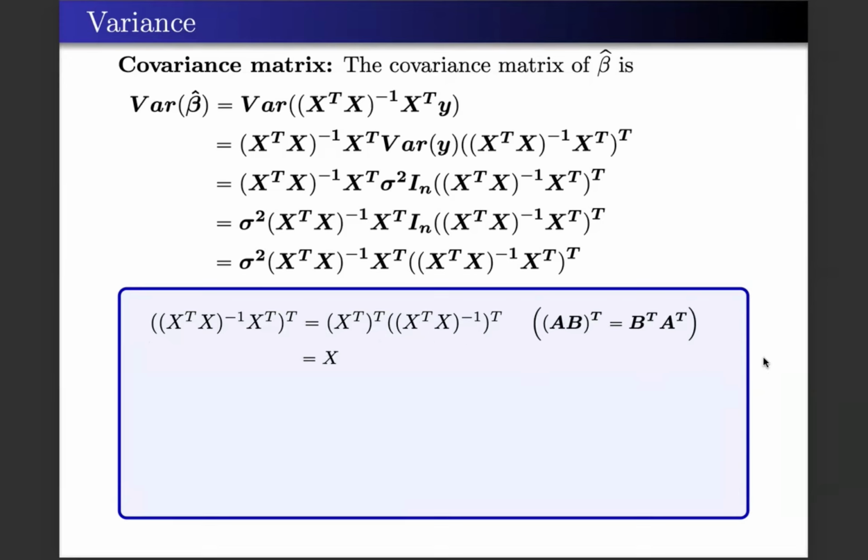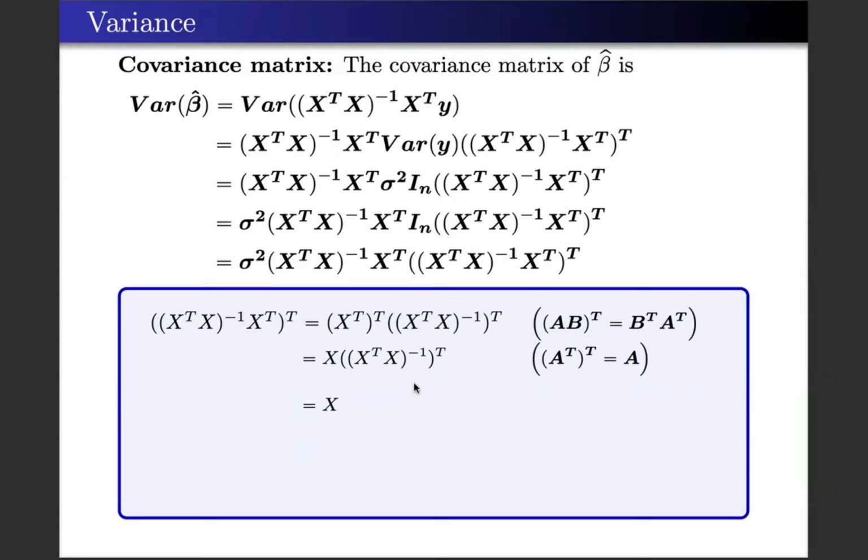Next, we use another property of transpose, that (A transpose) transpose is equal to A. When we use this property, the first term, which is the transpose of X transpose, gives us X. And the second matrix, which is the transpose of (X transpose X) inverse, we write as it is.